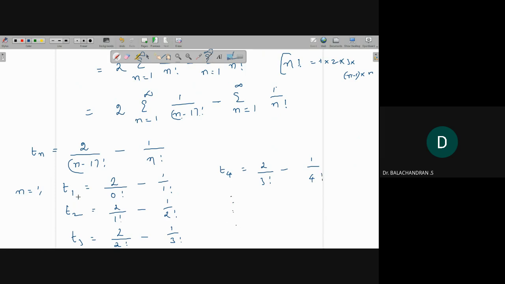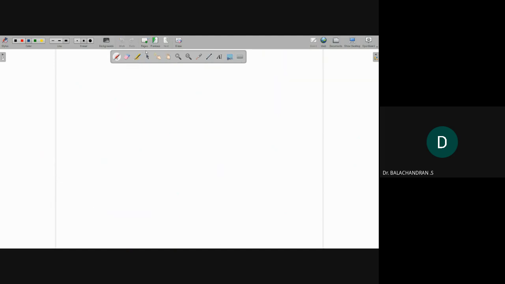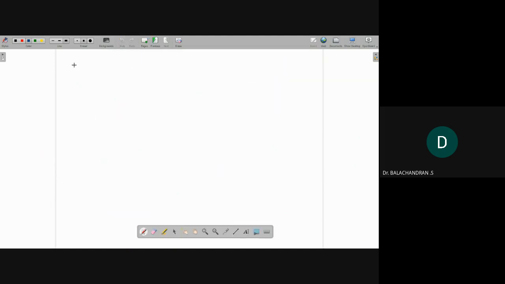Okay, so now S is equal to T1 plus T2 plus T3 plus T4.